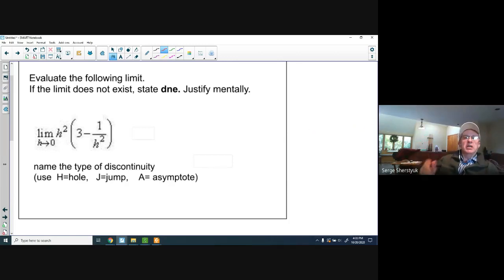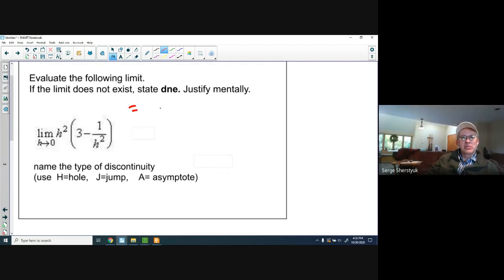Okay, so immediately I know that there's some kind of discontinuity when h approaches 0, because right there I have 1 divided by 0. I've got a problem there. So let's see if we can actually cancel it. Well, I want to distribute immediately.